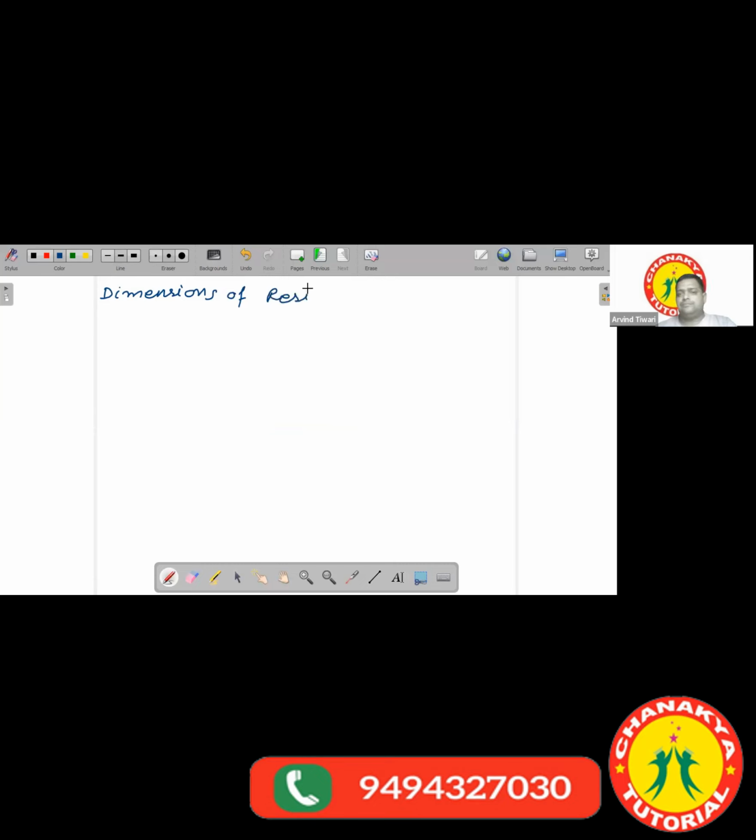R is equal to rho L by A. Okay, we will be using R equals rho L by A. And first we'll find out the dimensions of R, then we'll find out the dimensions of rho. Use that and solve it before me.